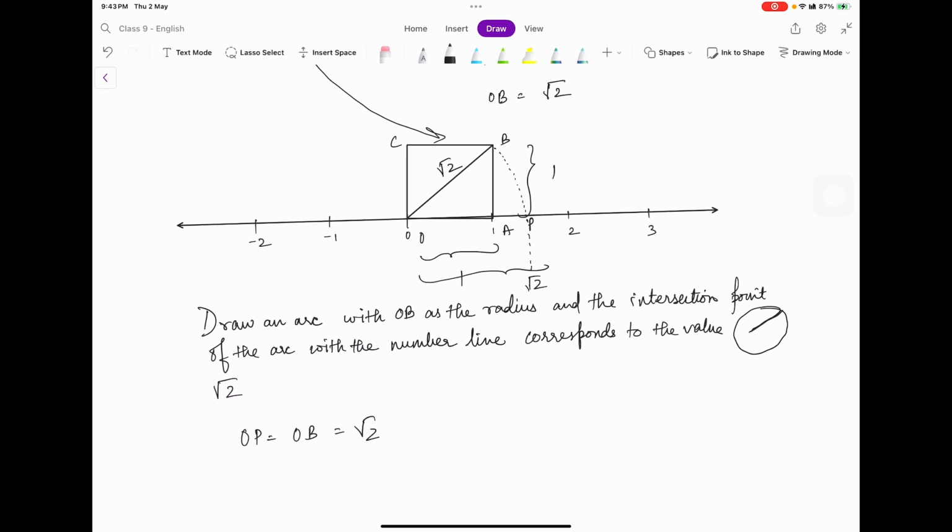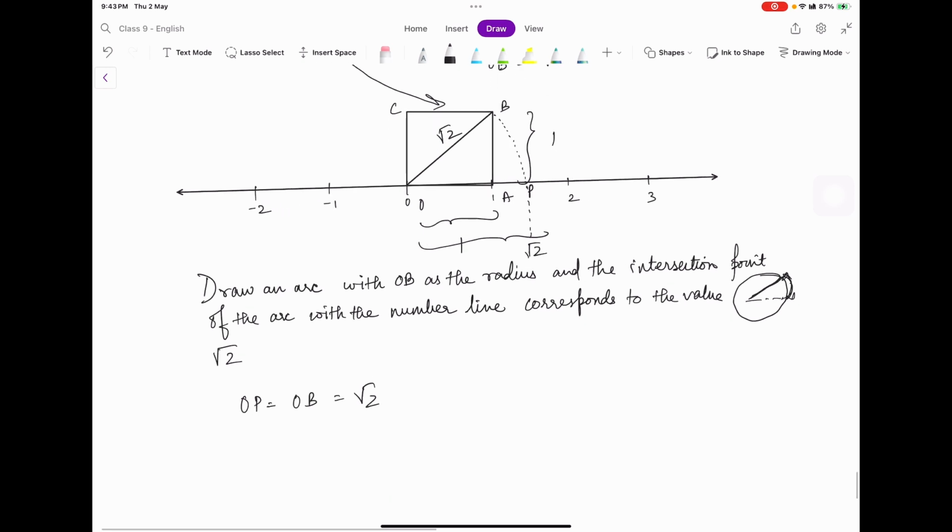This value and this value are the same, since you are drawing a part of a circle. So these two values are the same, that is root 2. So you can see that root 2 lies between 1 and 2. So its value lies between 1 and 2. That you can figure out.